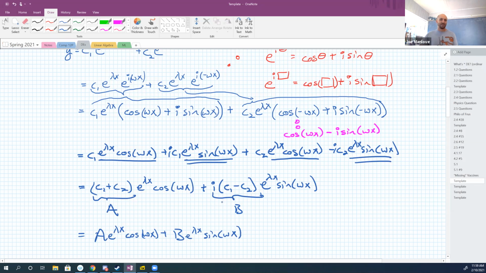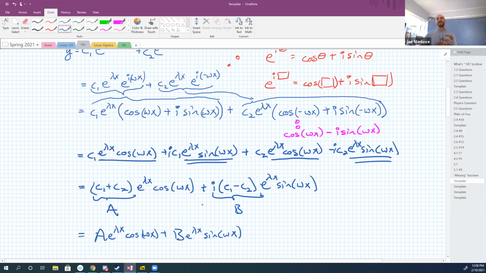Suffice it to say that i is a number, right? And you're multiplying by some other arbitrary constant difference. That's some number. I'm going to call that thing B. I'm going to tend to assume that B is real, but that's also just an assumption. There's no reason that this wouldn't work if it was complex. Does that sort of fly?